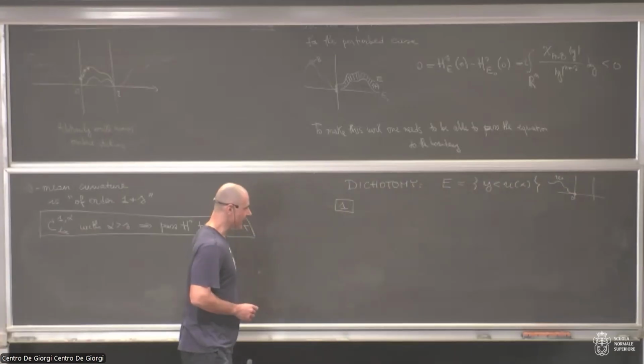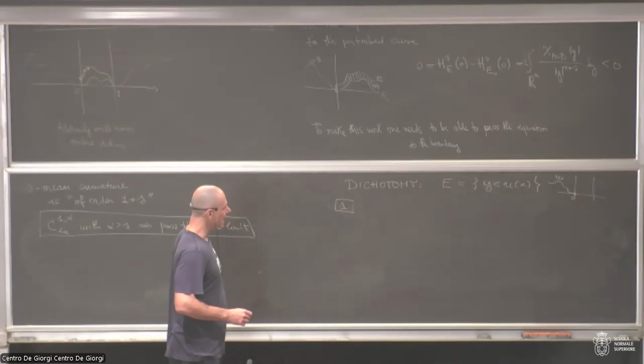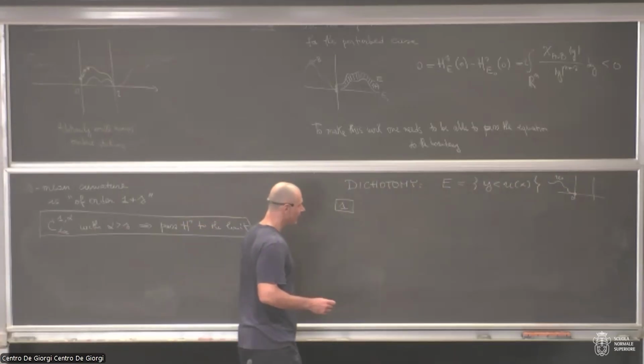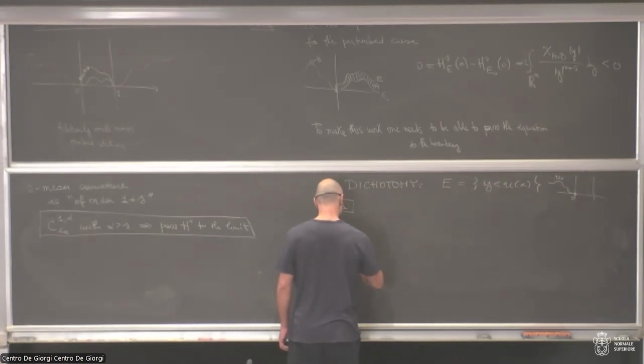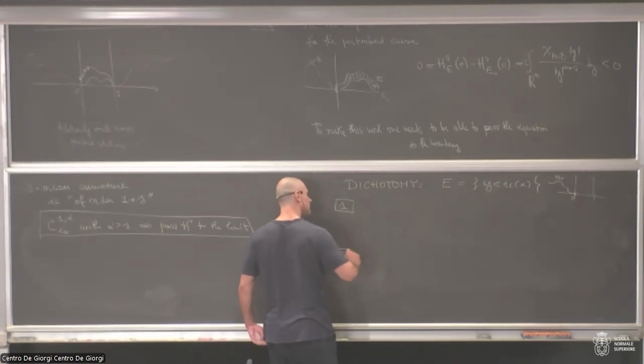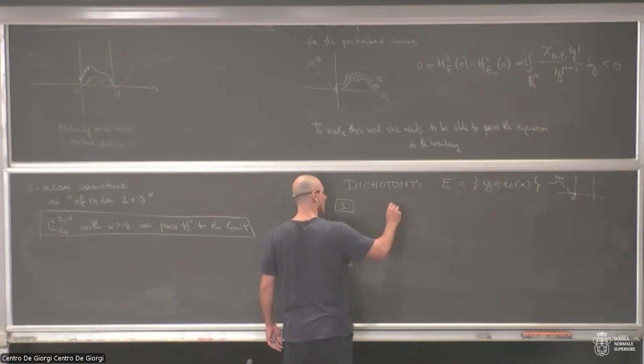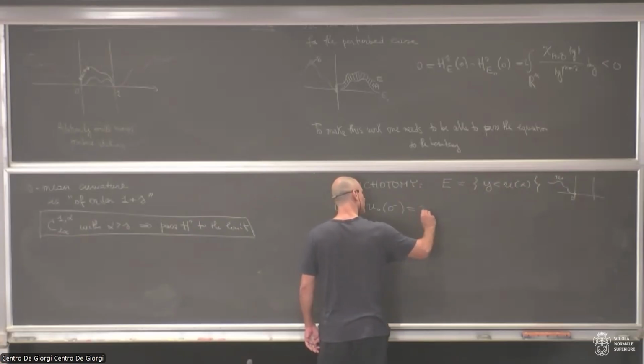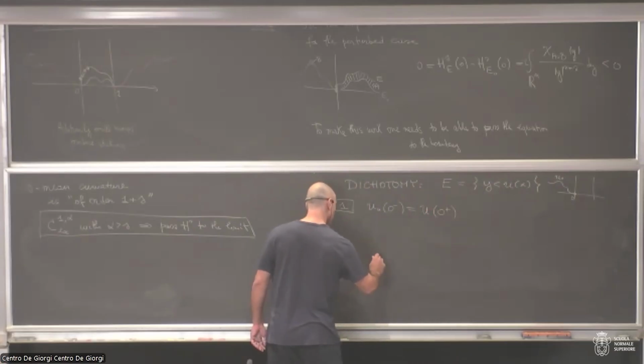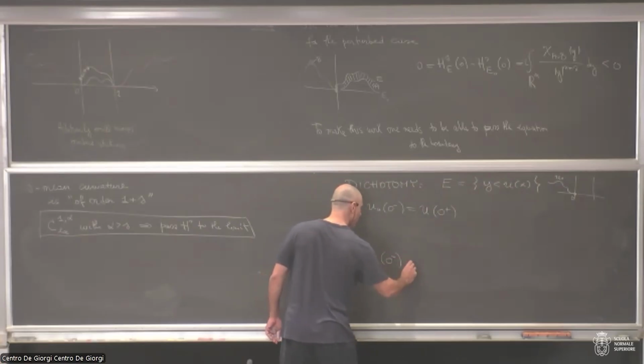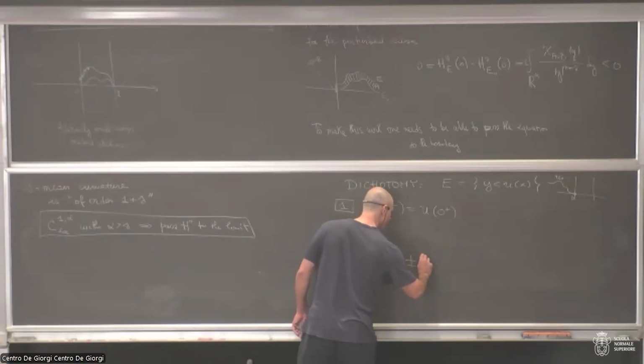Then only two things can happen. Either u0 at 0 minus is equal to u at 0 plus, or u0 at 0 minus is different from u at 0 plus.